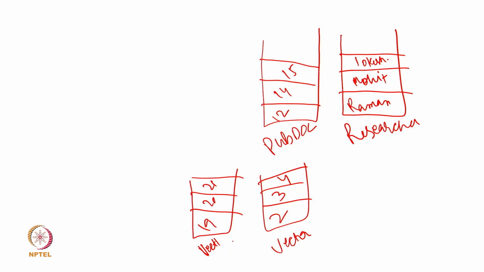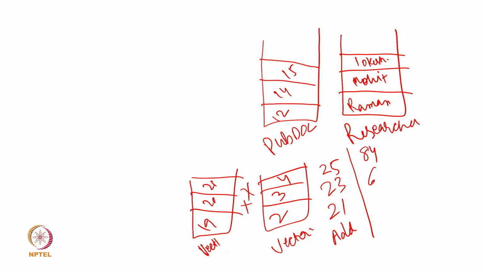If I have to do addition, how will we do it? It's cell wise. 21 plus 4 is 25, 20 plus 3 is 23, 19 plus 2 is 21. So this is addition. For multiplication, 21 times 4 is 84, 20 times 3 is 60, 19 times 2 is 38. So this is multiplication cell wise.